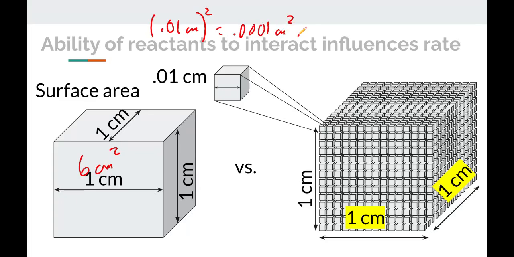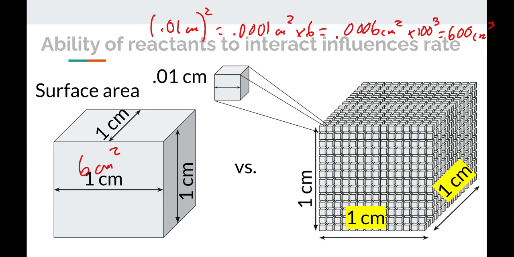And there's 6 sides, so each one of these little cubes would have a 0.0006 square centimeter surface area, which is really small compared with the original cube. But don't forget that we have 100 times 100 times 100, or 100 cubed, of these little tiny cubes. So when we put that all together, now we have 600 square centimeters, 100 times more surface area. And so smaller particles give more surface area, which gives a faster reaction.